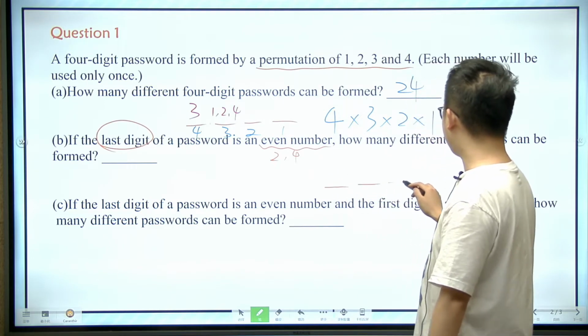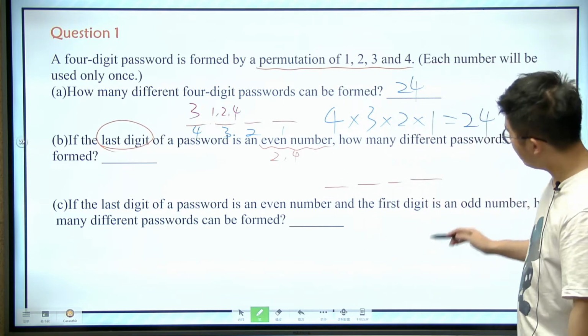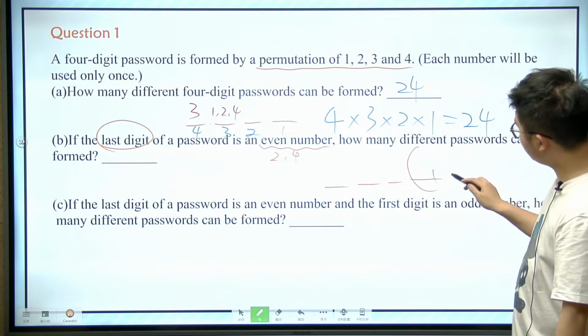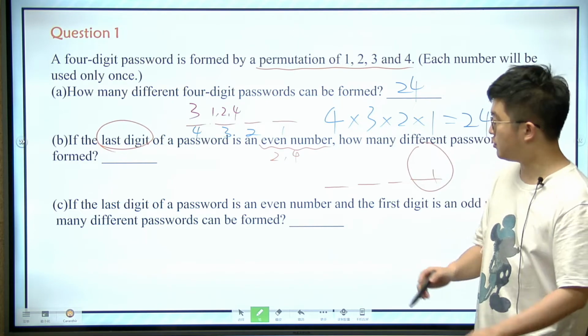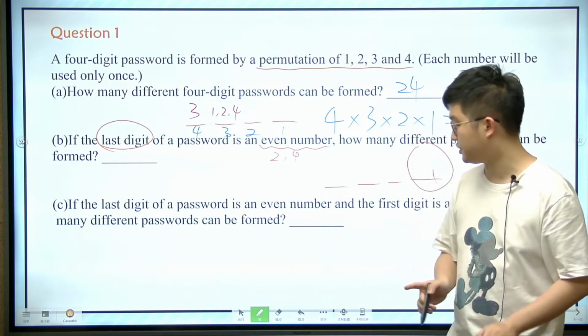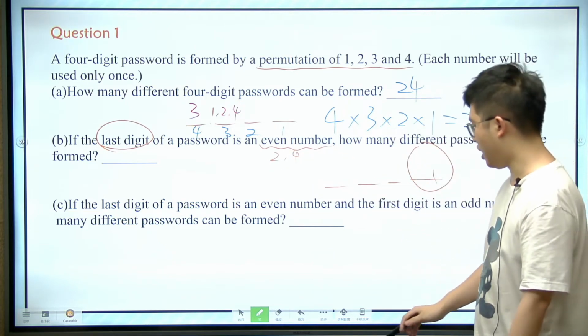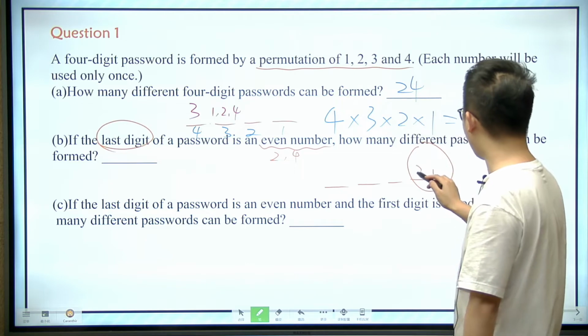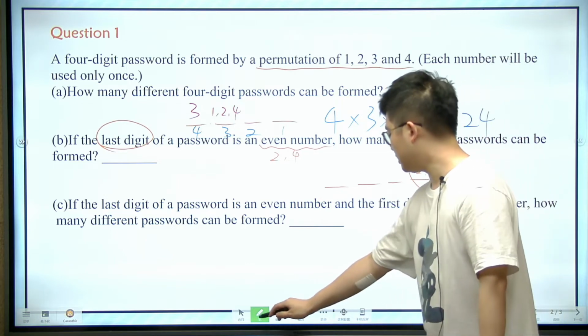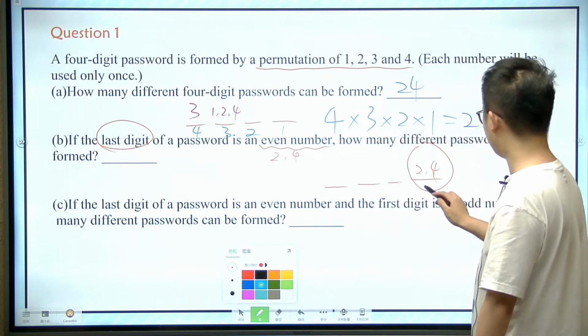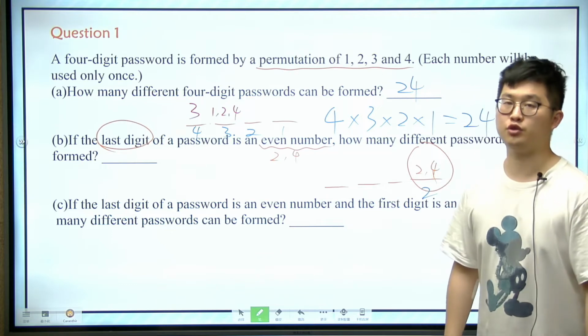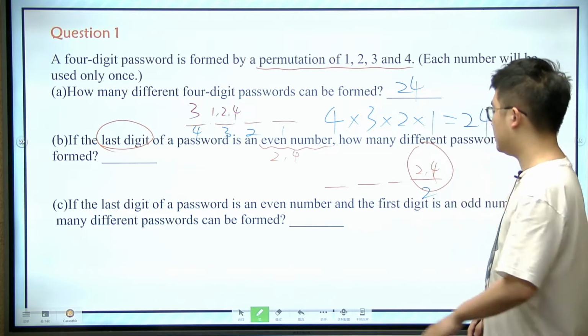Still we have 4 places, but we first consider this place because this must be an even number. So we have only 4 or 2 here, which means there are only 2 choices.